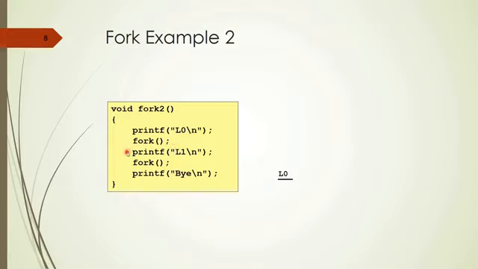So from this printf to this printf, we have one for the parent and one for the child. So we have L1, one for parent, one for child. Now the second fork system call is there for the parent also and for the child also. So one for parent and child and one for parent and child. So this is why it is printed 4 times.